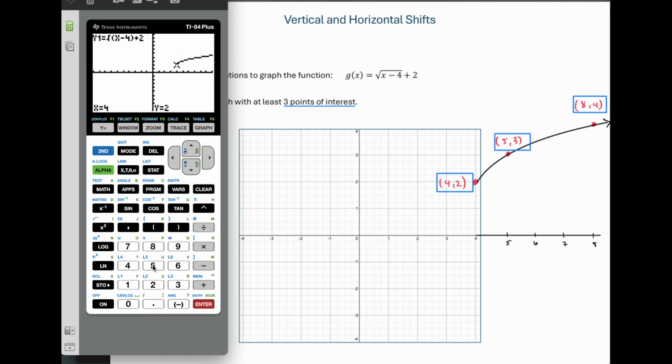We can just hit 5 and then enter, and we're automatically going to be cycled through another round of the calculate value function. (5, 3) is an ordered pair on our graph and one of our points of interest, so that's good. Checking now the last one, simply hitting 8 and then enter tells us that (8, 4) is a point on our graph, so all of our points check out and our graph is correct.